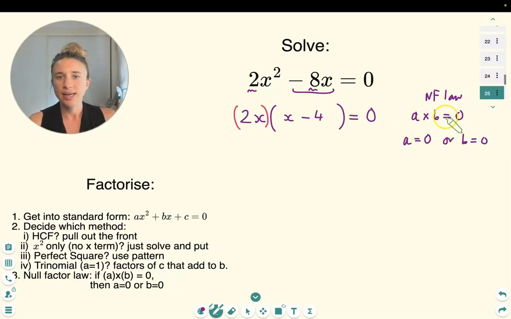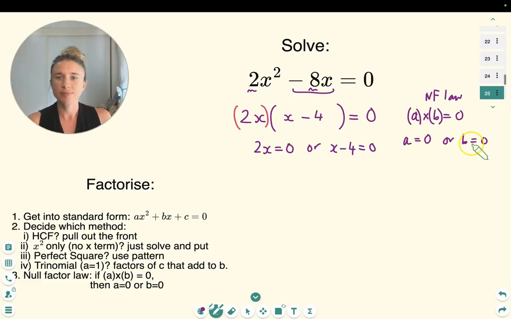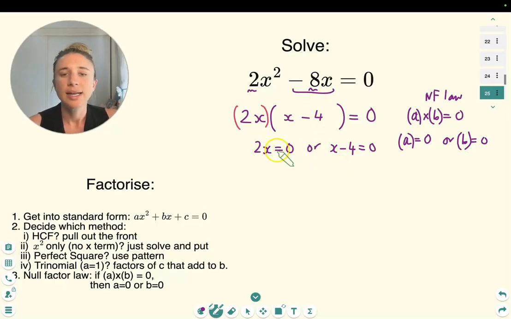So we have this bracket times this bracket equals 0. So either 2x equals 0 or the other bracket equals 0. Try and make sense of that. Aligning with this, one bracket equals 0 or the other bracket equals 0. That's all it is. Now we're just going to solve each of these separately.